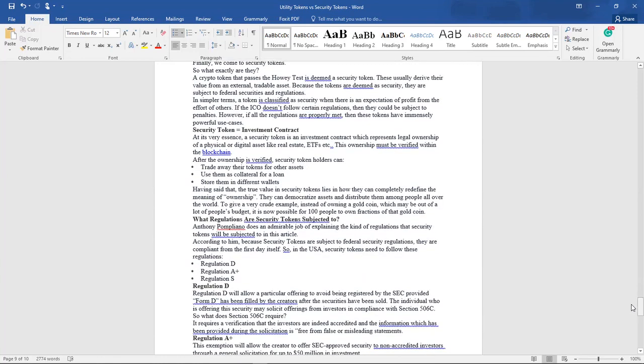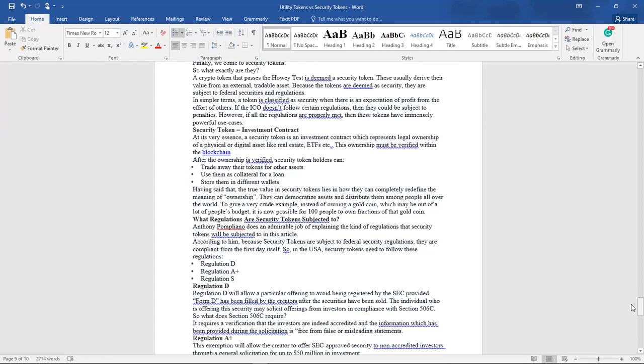According to him, because security tokens are subjected to federal security regulation, they are compliant from the first day itself. In the US, security tokens need to follow this kind of regulation. There is Regulation D, which allows a particular offering to avoid being registered by the SEC, provided Form D has been filed by the creator after the securities have been sold.